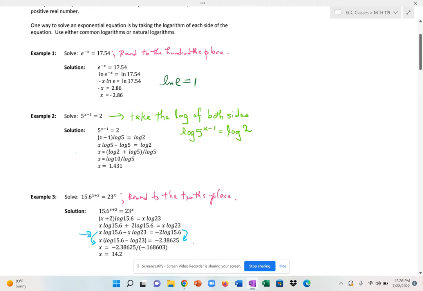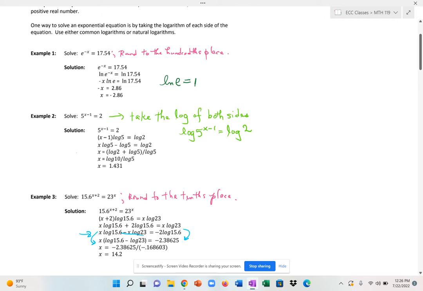I definitely gave myself more decimal places than what my final answer is going to get rounded to. And you always want to do that. Go a decimal or two further out. I went 5 out. So this is about negative 2.38625.